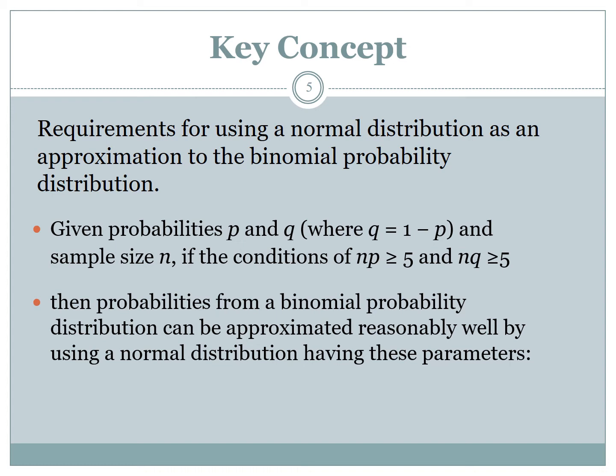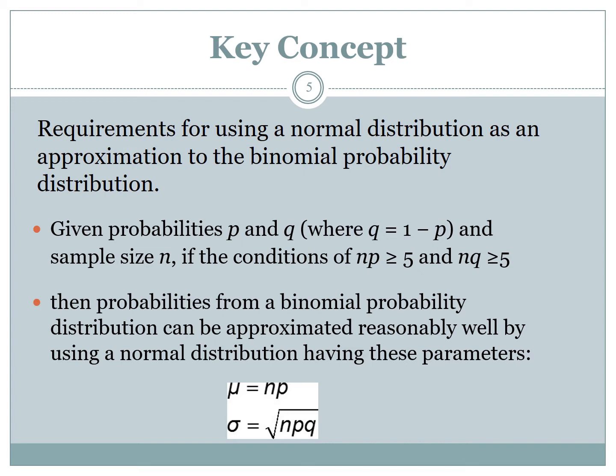And the way we do that is by calculating mu and sigma. Mu is the mean, which is going to be used by the normal distribution, but we don't have it readily from the binomial. We have to make a calculation, and that calculation is mu is equal to np. Similarly, sigma is equal to the square root of n times p times q.